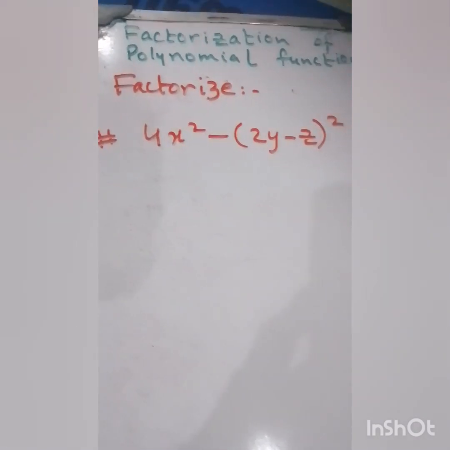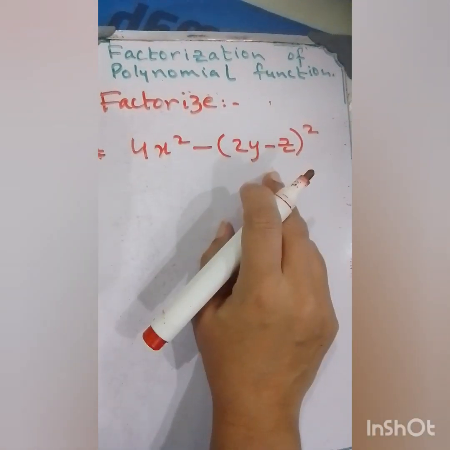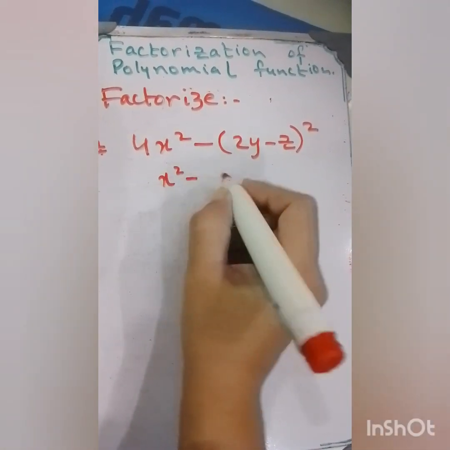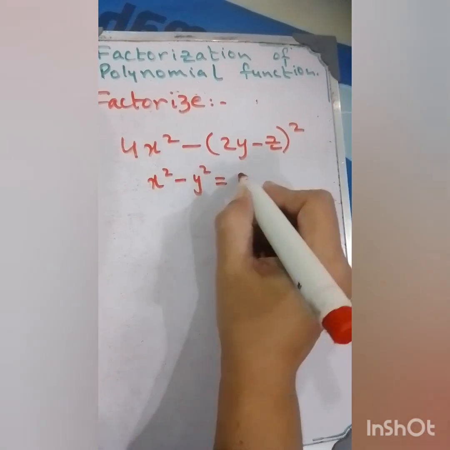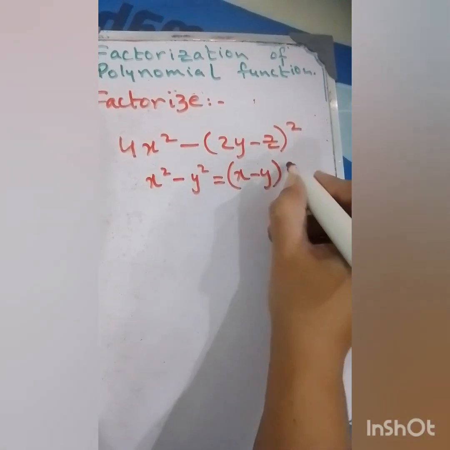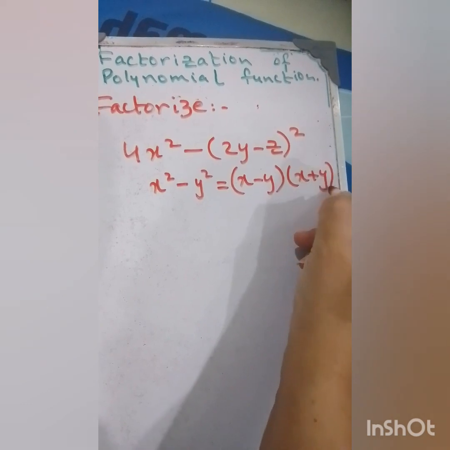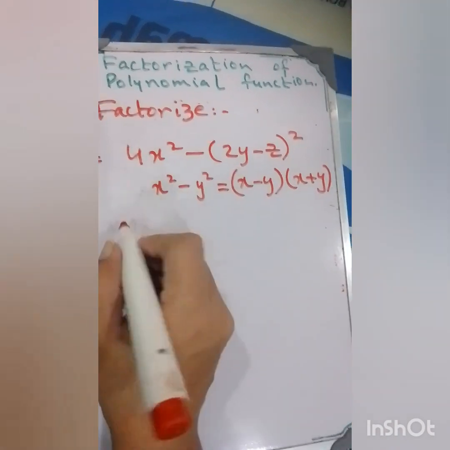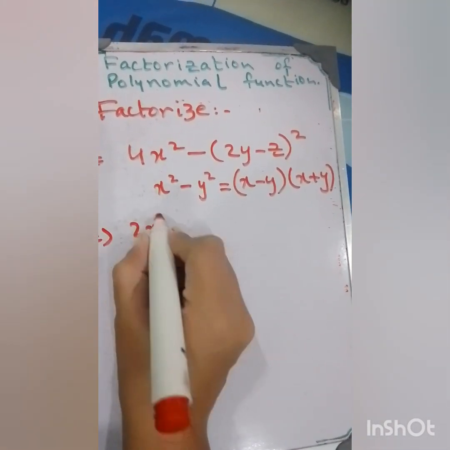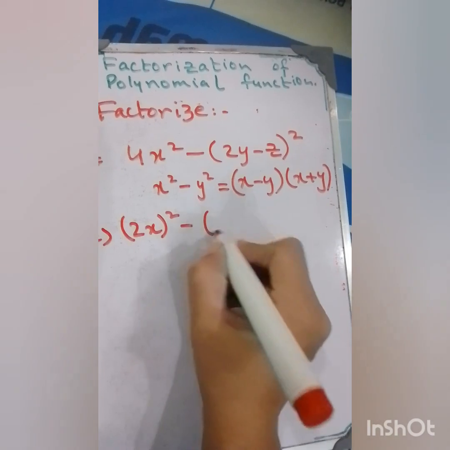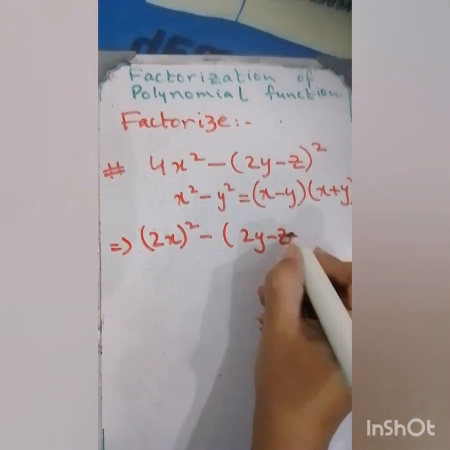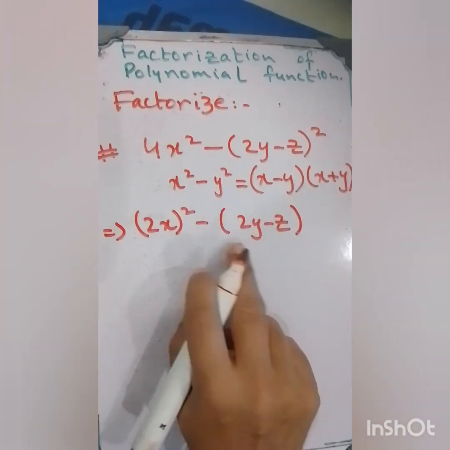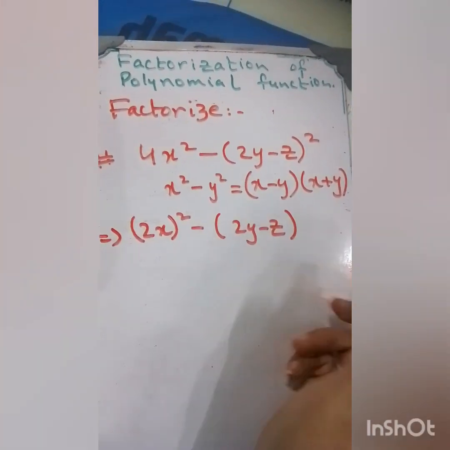Next we have 4x square minus this y square, minus z square. You can see that it is very similar to the a square minus b square formula, which equals a minus b times a plus b. So I am going to make it like a square minus b square. This is already in the form of a square. I'm writing this z with a bar in between, in order to distinguish it from the number 2.